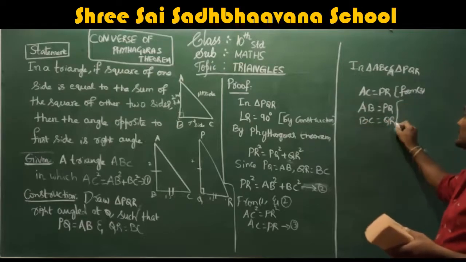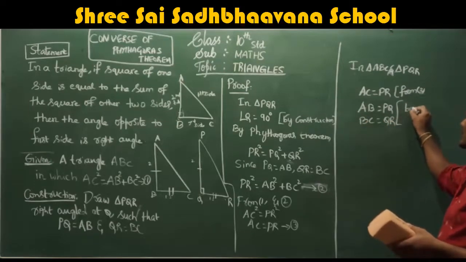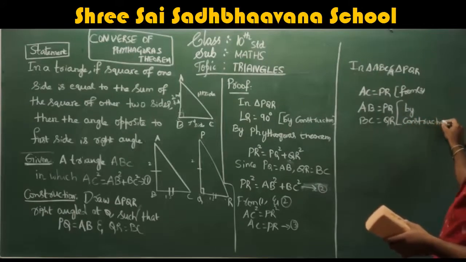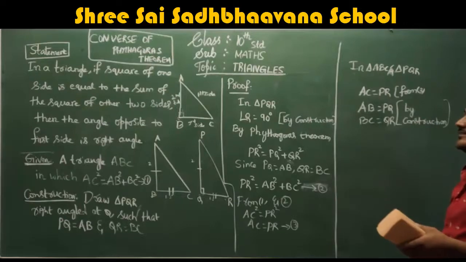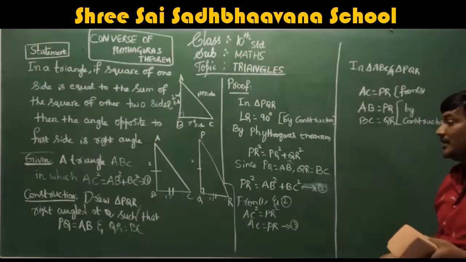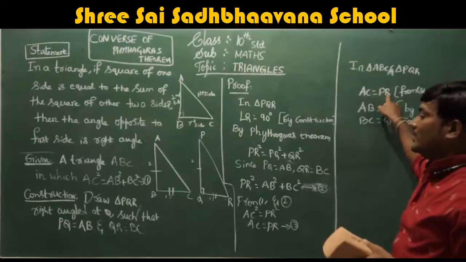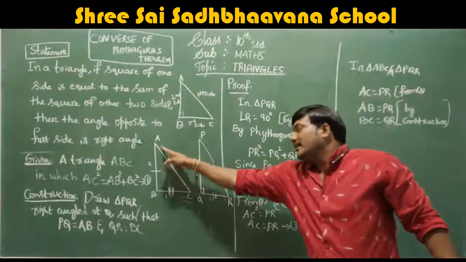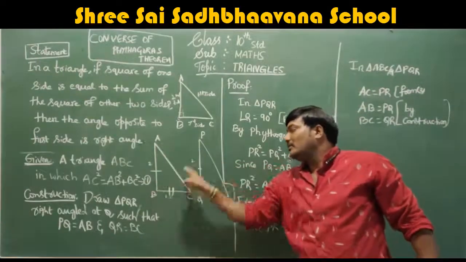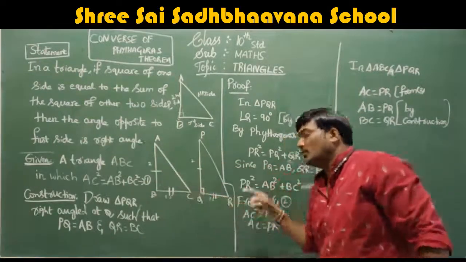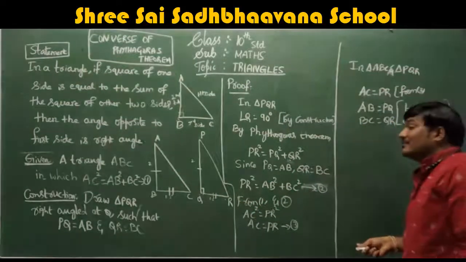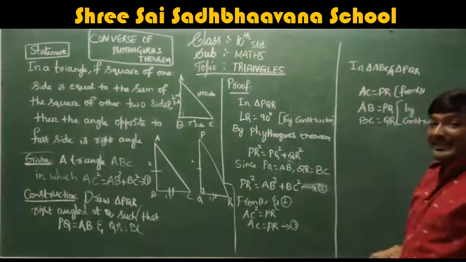This is by construction. So these three corresponding sides are equal. AC is equal to PR, AB is equal to PQ, and BC is equal to QR. So we proved that the corresponding sides of these two triangles are equal.